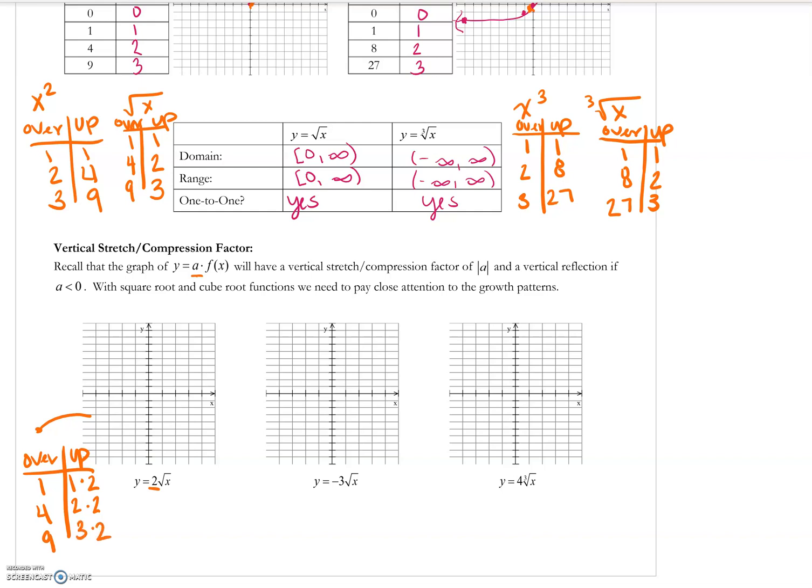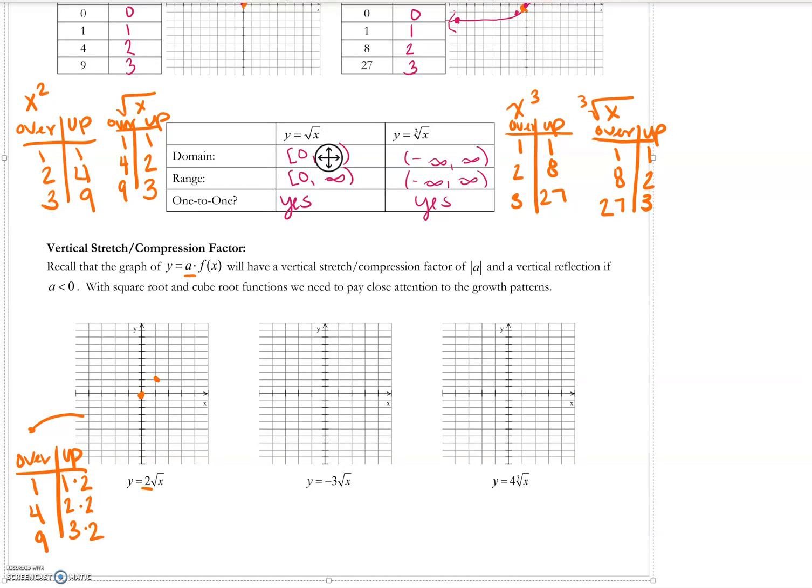So I will start at this 0, 0, and then follow my pattern. Over 1 and up 2 spaces. Over 4, 1, 2, 3, 4, and up 4 spaces. 1, 2, 3, 4. I don't have room on this one to go over 9 and up 6 spaces, so I'm going to call it good there.